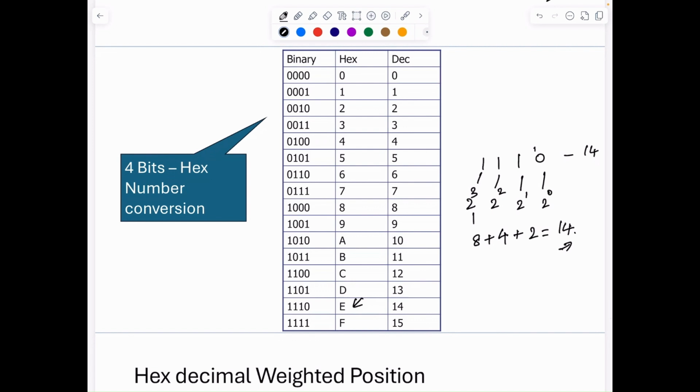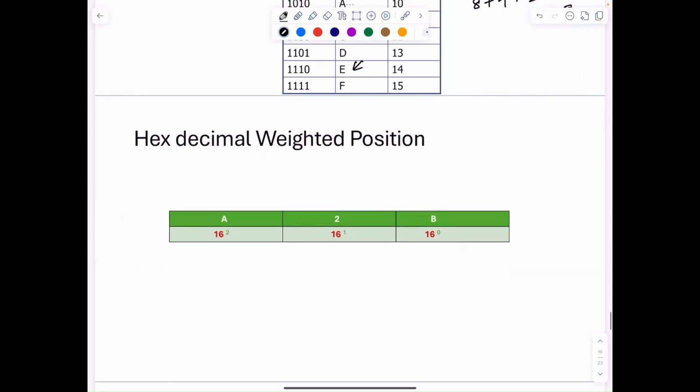Okay, so 2 power 3, 2 power 2, and then 2 power 1, and then 2 power 0. So I have 1, 2 power 3 is there, right? So 8, this is 4, this is 2, so I have 14. All right, and 14 in hex is E. So you need to remember this convention.